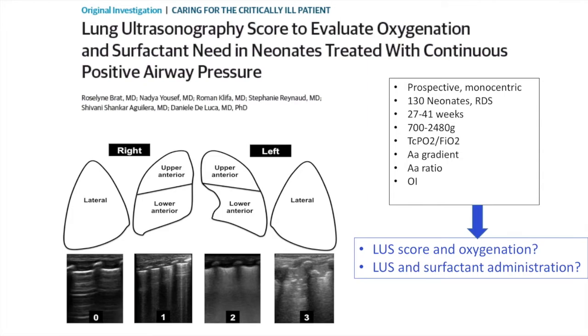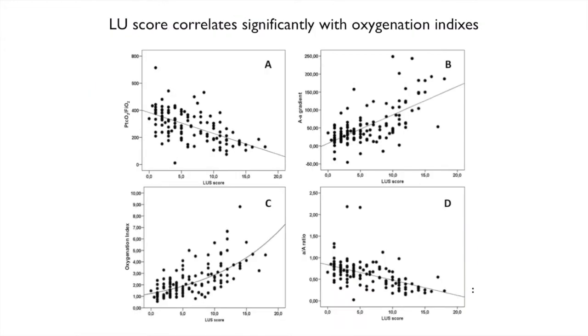They first assessed correlation between their lung score and markers of oxygenation, and second evaluated if the score would predict surfactant administration. They found that lung ultrasound correlated significantly with oxygenation indexes: PO2 over FiO2, alveolar-arterial gradient, oxygenation index, and arterial-alveolar ratio.